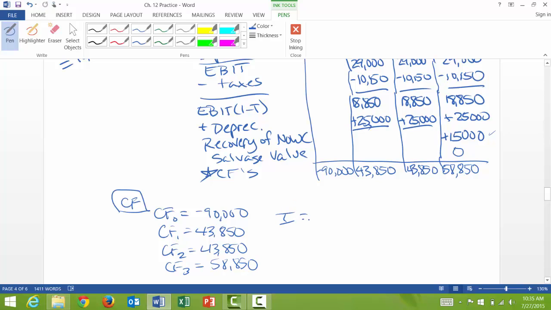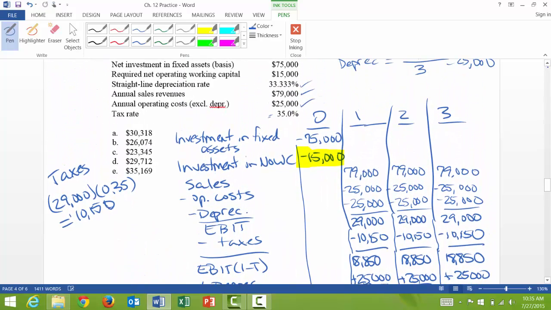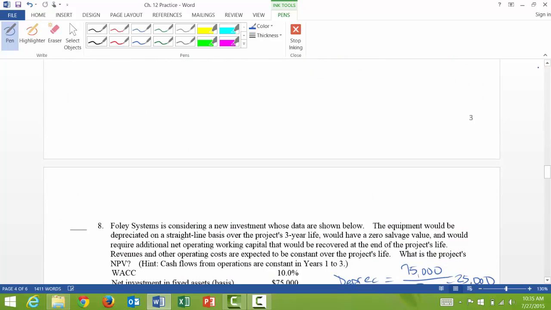And for your interest rate, it looks like they said that the weighted average cost of capital, well, I scrolled really far, but it says 10%.